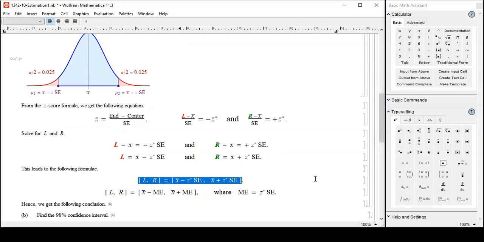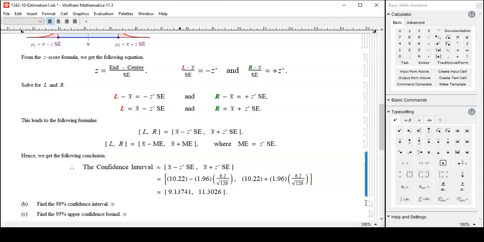So you can write your solution like this: L comma R, the confidence interval, is x bar minus z score times SE, x bar plus z score times SE. Or you can use the idea of margin of error. Margin of error is z score times SE. So putting those numbers in, you get this computation. So the formula here, and then put all those into the formula.